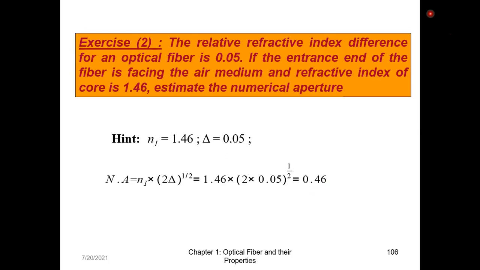Usually in all the problems that we did, core ka refractive index diya hua tha. So here the numerical aperture is 0.20 and a cladding refractive index of 1.59. The question is determine the first one. Determine the acceptance angle.